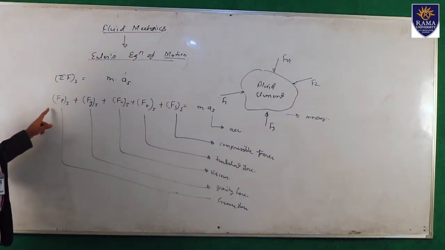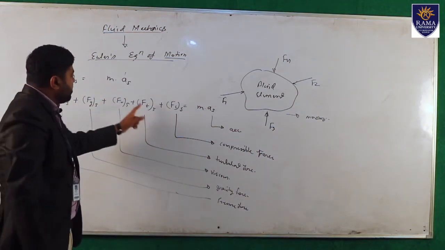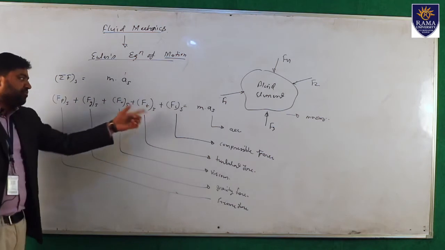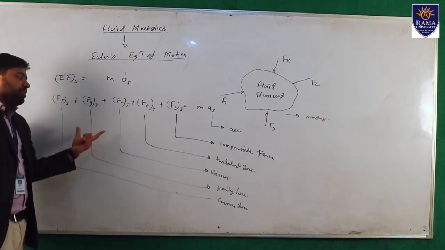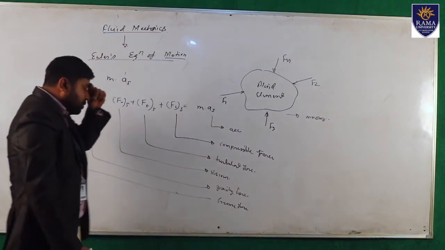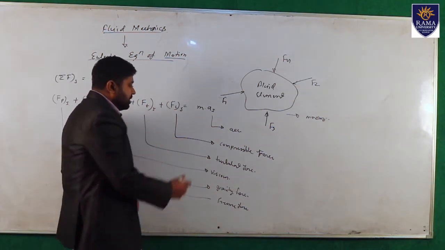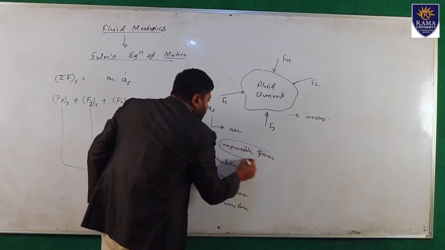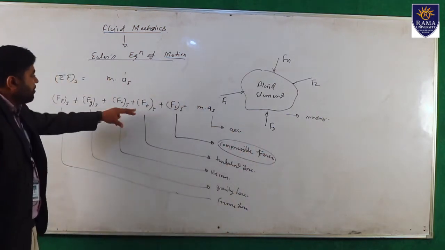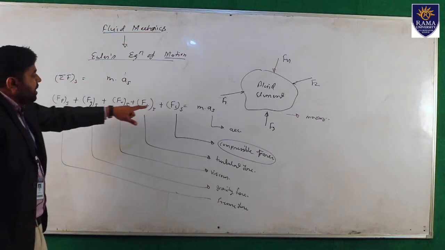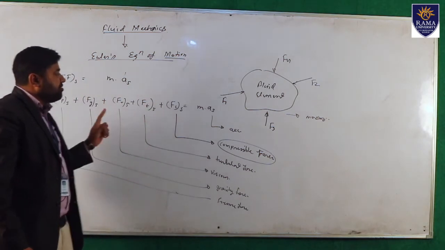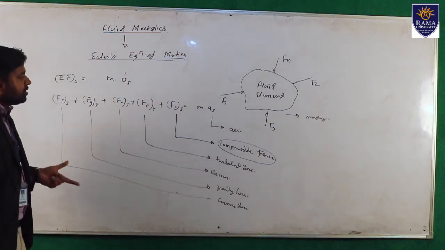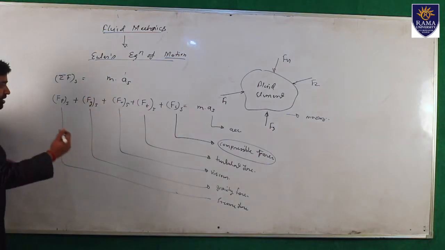This is the fluid motion equation generally, and when we neglect different forces one by one, the equations take their own names. First we eliminate the compressible force. If the fluid element neglects the compressible force, then the equation becomes the Reynolds equation.